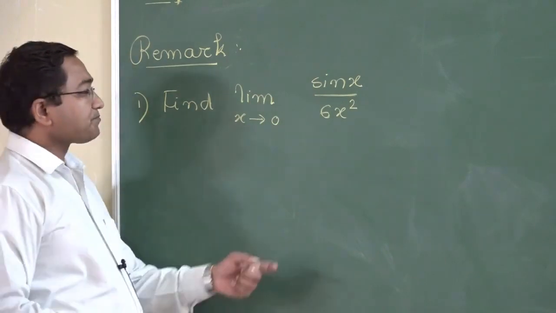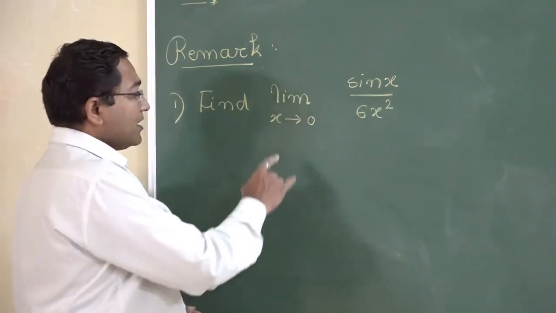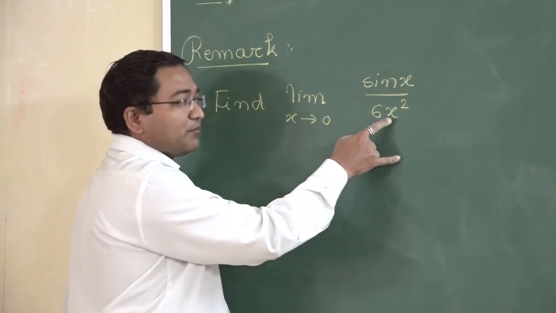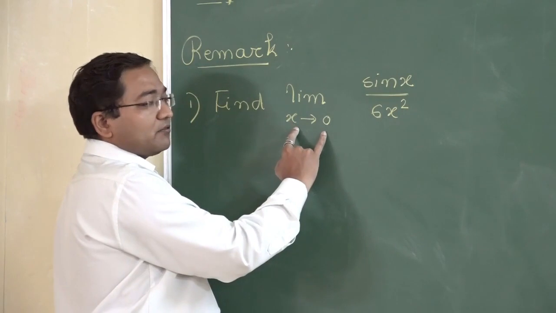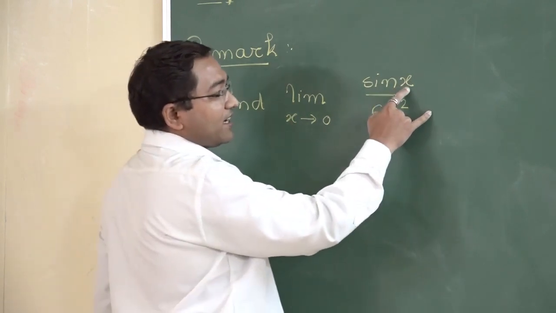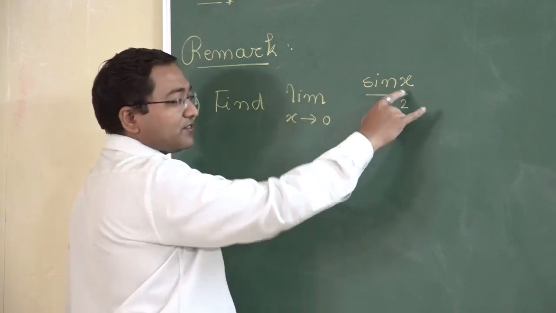Here in this case we do not substitute x equal to 0 directly in the denominator, because when we substitute x equal to 0, the denominator becomes 0, and the numerator also has a 0 value.